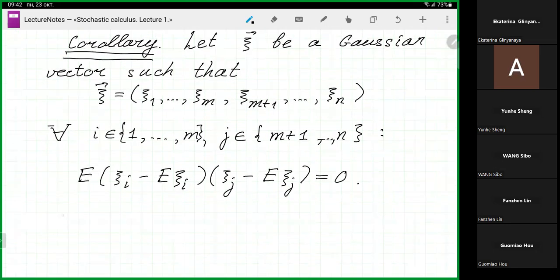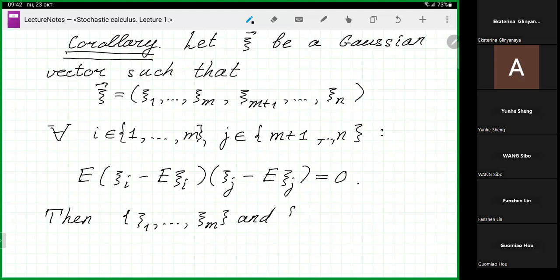Then these two families, psi 1 up to psi m and psi m plus 1 up to psi n, are independent.